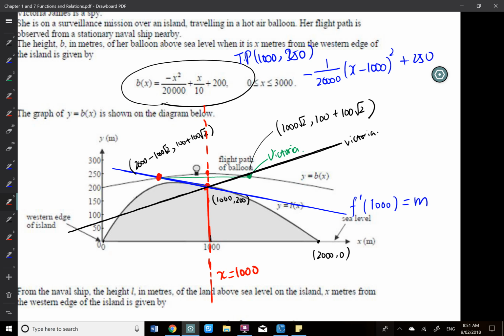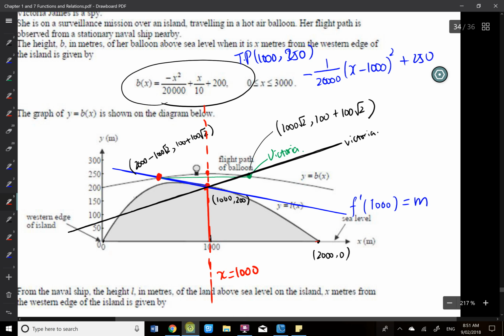Okay, this angle equals that angle. And if you extend that longer, those two angles must be the same with the x-axis as well. It's an isosceles triangle, if you extend this longer. This black line will touch the line here, and the blue one will touch the line somewhere here.